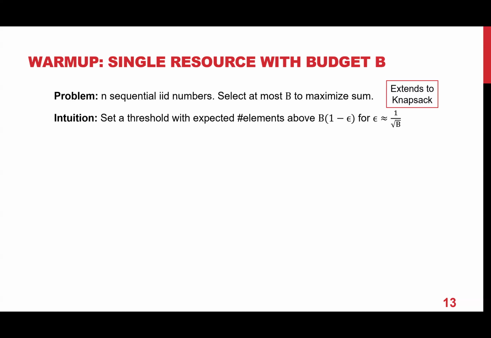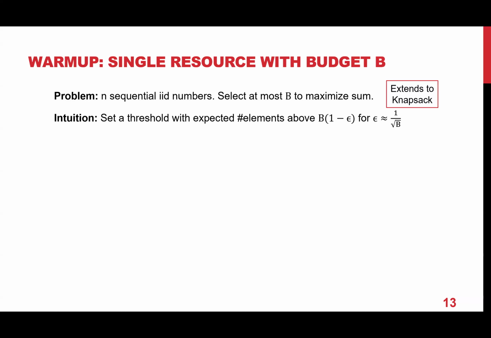Because remember, everything is stochastic IID, so the 100th largest number is also a random variable. So I want to learn a threshold such that the expected number of numbers above it will be roughly 100, or my budget, up to a 1 plus minus epsilon factor, all of these things.